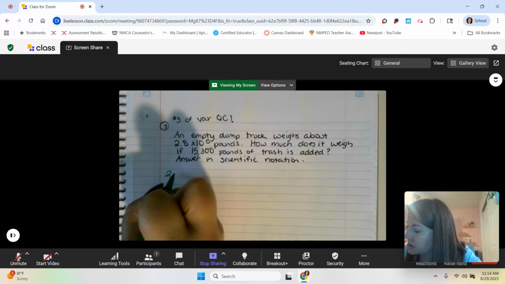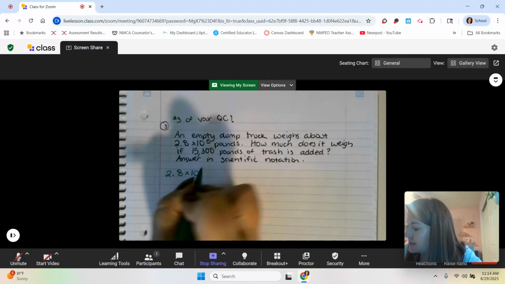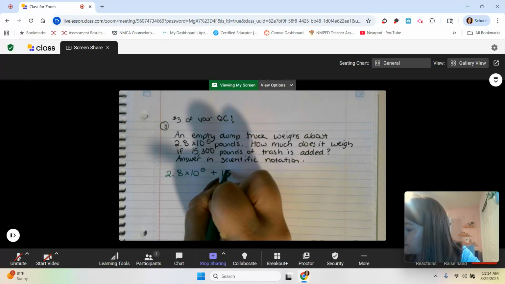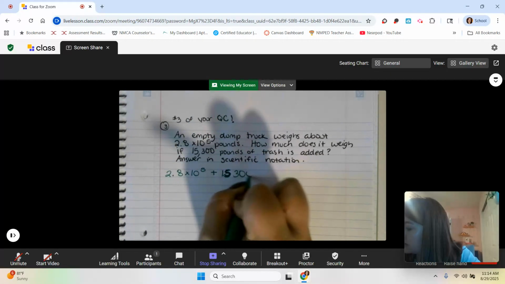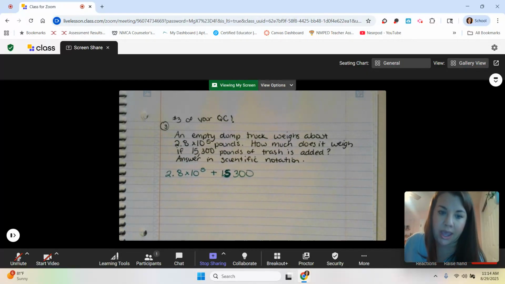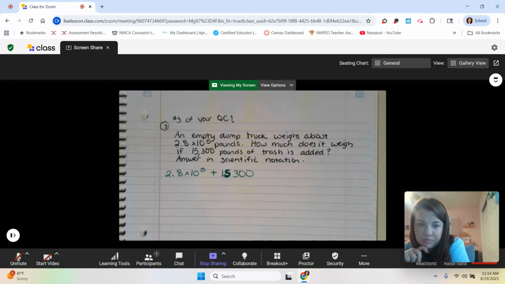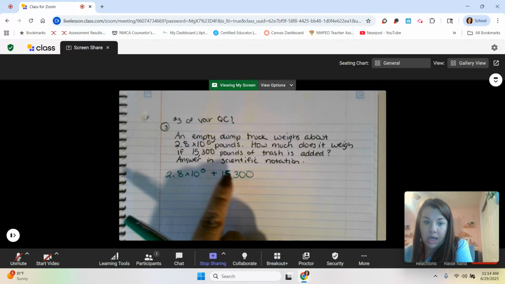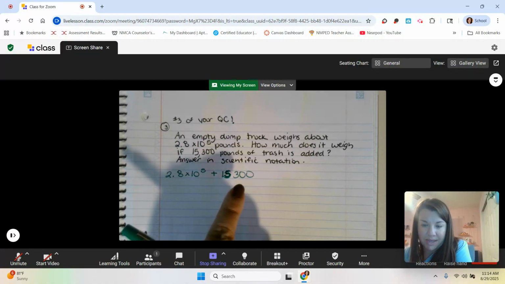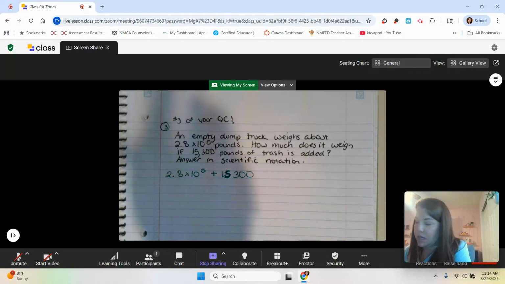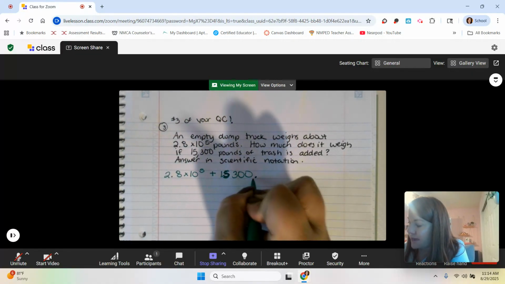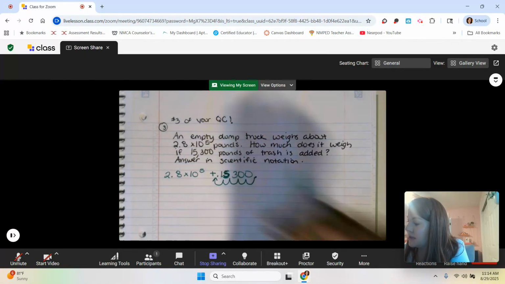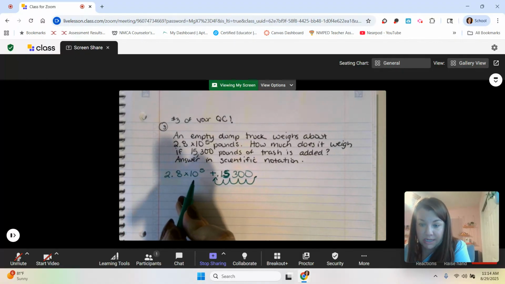We've got 2.8 times 10 to the 5th plus 15,300 pounds. Okay, so I already have one that's in to the 5th, right? I could write this in scientific notation, but I'm actually going to take it further than that. I'm going to move my decimal point 5 times, because 3, 4, 5 times, because then I can multiply it by 10 to the 5th, right?